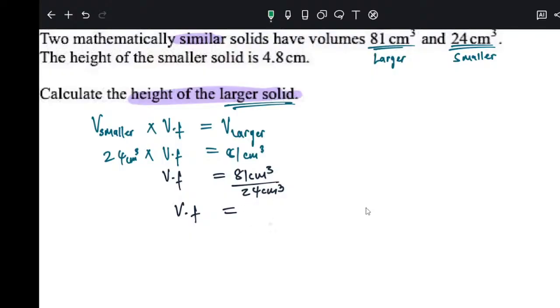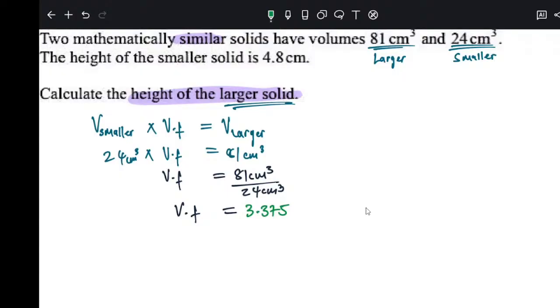Press second function, then a b over c. I want it as an improper fraction. Okay, let's just keep it as 3.375. It's dangerous. I don't want any mistake here. So now, okay, that's good.